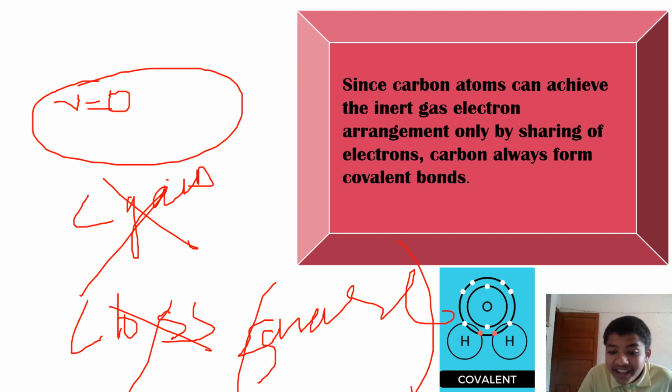And when any element shares electrons, there is a name for that sharing of electrons. What is that? That is covalent bond. See, when the atom neither loses any electron nor gains any electron, and it shares electrons, then that sharing of electrons is known as covalent bond.